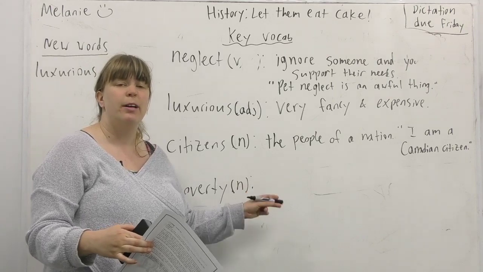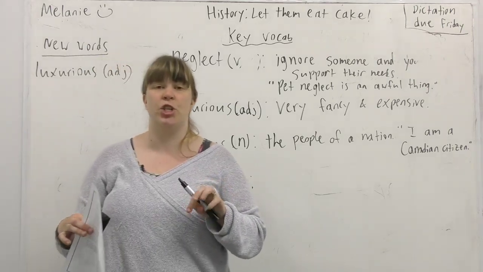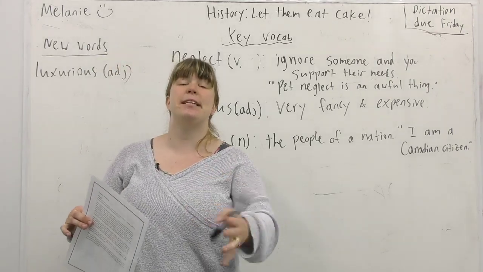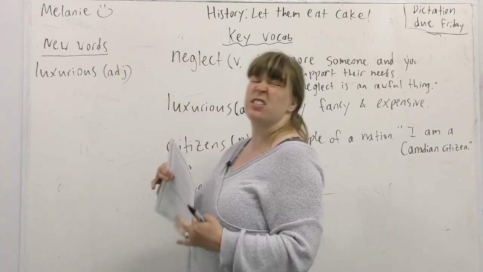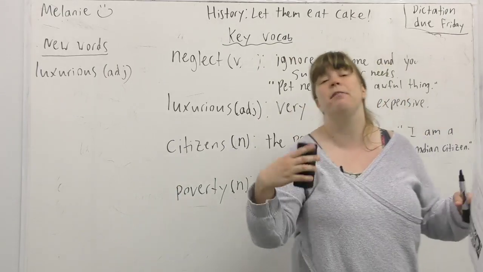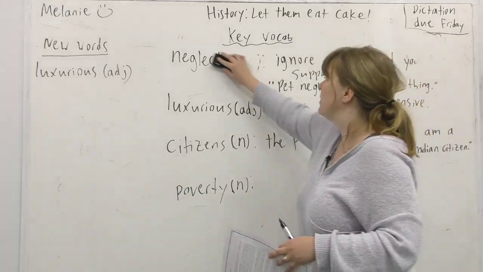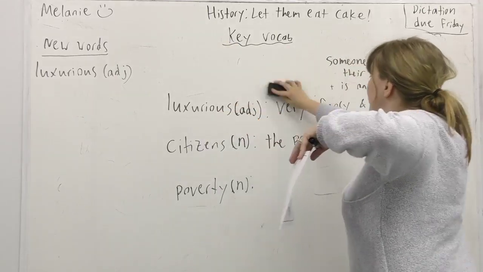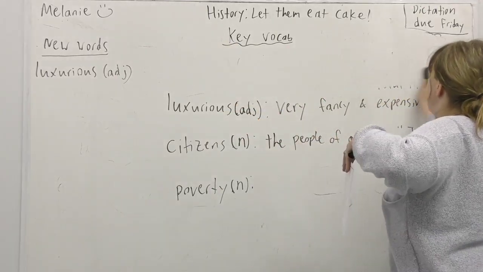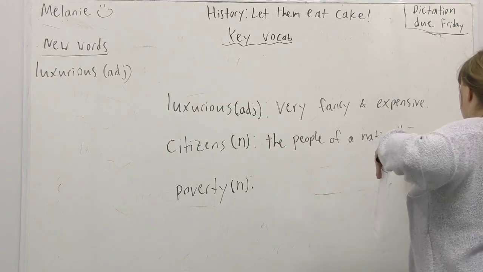This is a noun. Can you please look up the definition of poverty and type in the definition for me? Again, you can use Google or a dictionary, that's totally fine. Or you can give your own definition, that's fine too. Just give me something, guys, work with me. And I'm gonna get rid of citizens because that's been up there for a while.